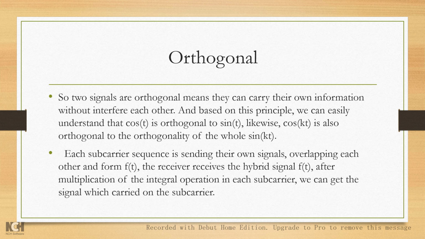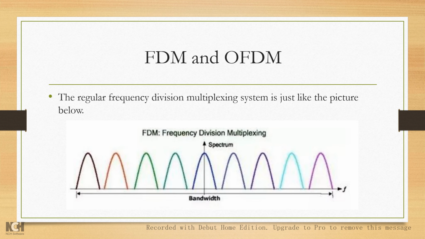The receiver receives the hybrid signal f(t). After multiplication and the integral operation on each subcarrier, we can get the signal carried on that subcarrier. Now we understand what orthogonal means.